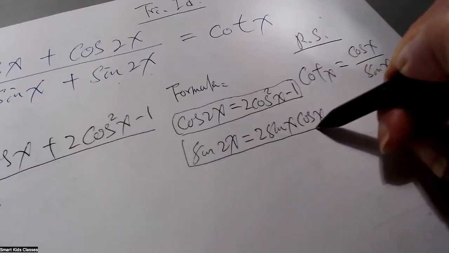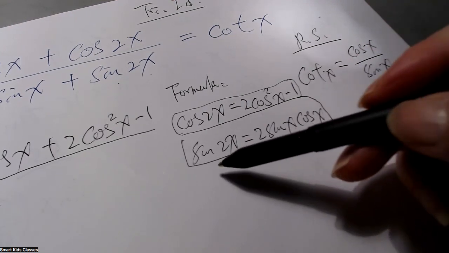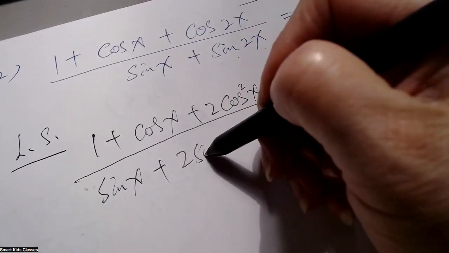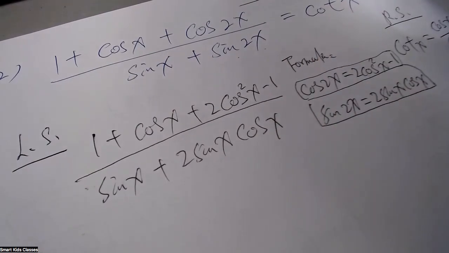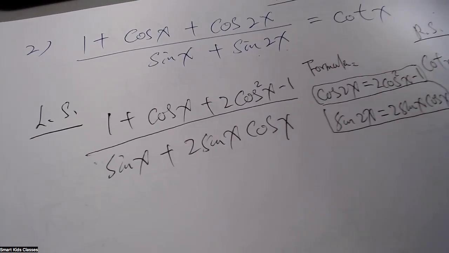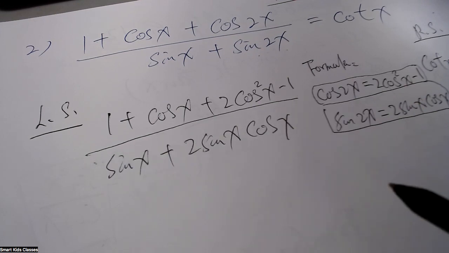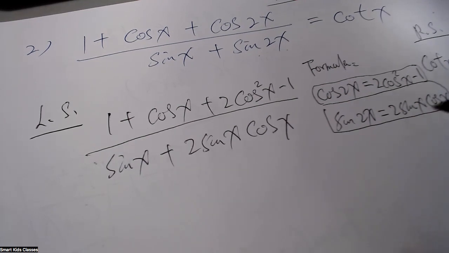So for sine 2x, we put 2 sine x cosine x. Now we are going to do some work here. There's a positive 1 and a negative 1, which cancel each other. Then we can do factoring, so it's going to be equal.